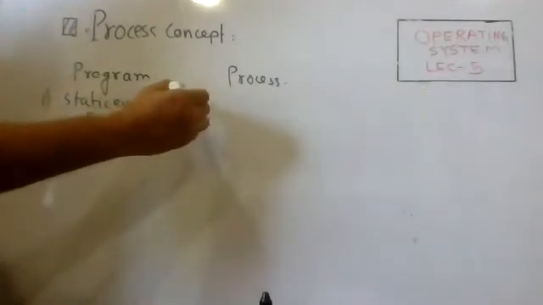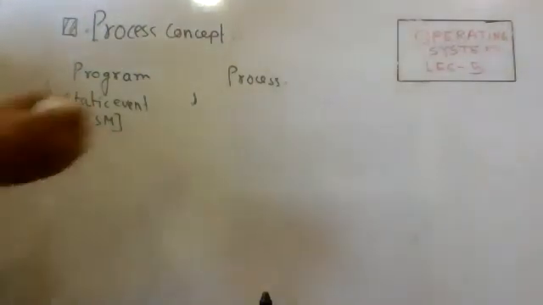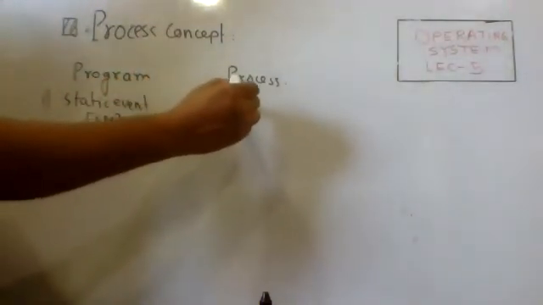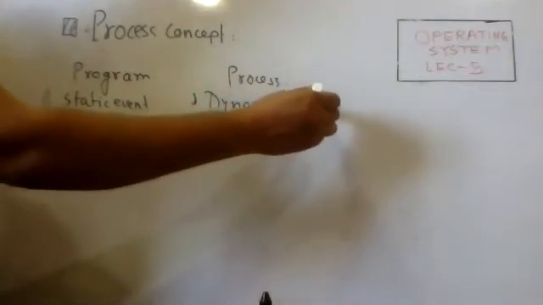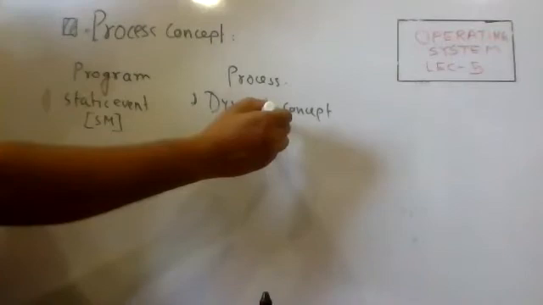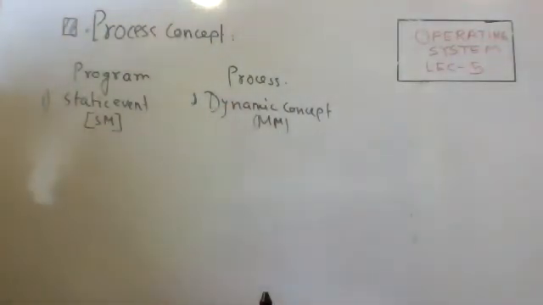And process is a dynamic concept. Main memory. Actually, in a process there are so many states, so it can change its state from one state to another. So this is a dynamic concept.